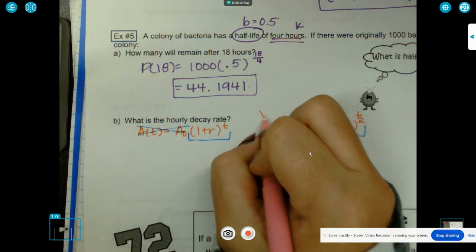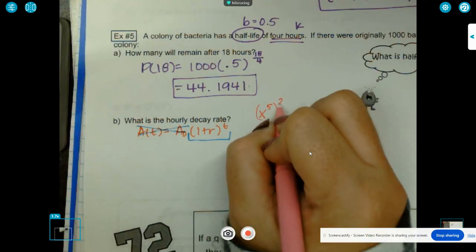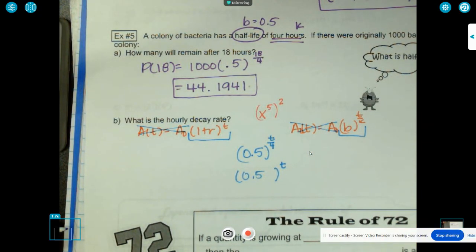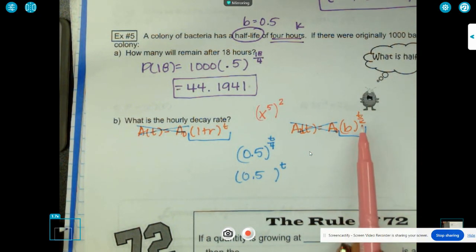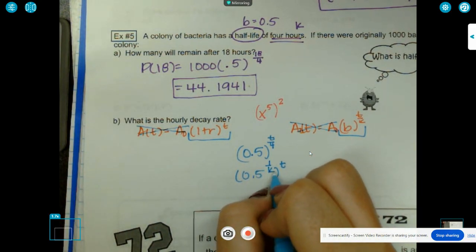Like if I had x to the 5th to the 2nd, what do we do there? We multiply, right? So what can I multiply t by to end up with a k on the bottom? I want a k on the bottom. Can I just multiply by k? That would give me tk. I don't need tk, I need t over k. What? 1 over k. So I can move this like so.